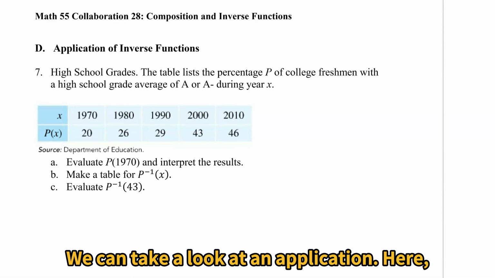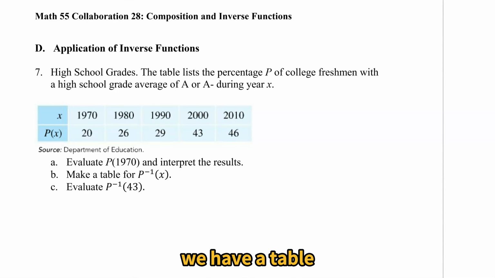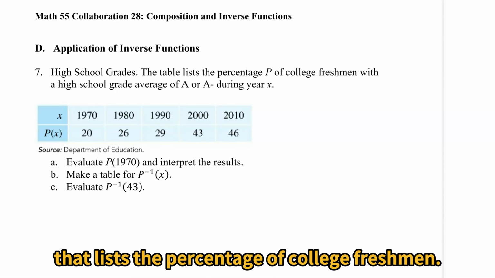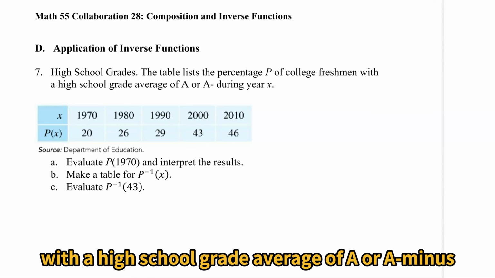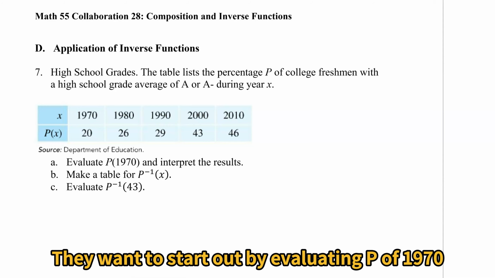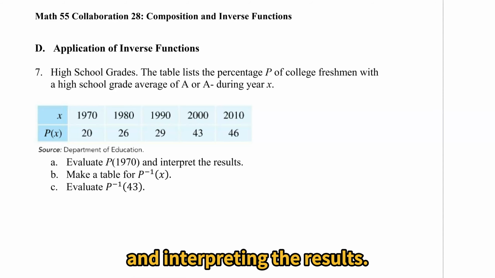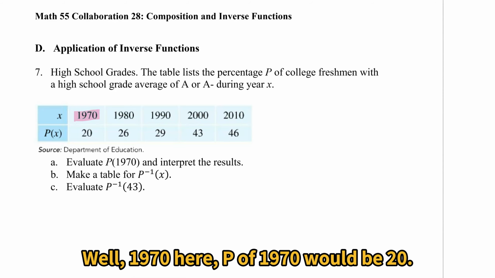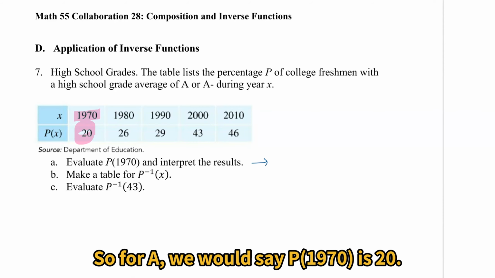We can take a look at an application. Here we have a table that lists the percentage of college freshmen with a high school grade average of A or A minus during a particular year. They want you to start out by evaluating P of 1970 and interpreting the results. Well, P of 1970 would be 20. So for A, we would say P of 1970 is 20.